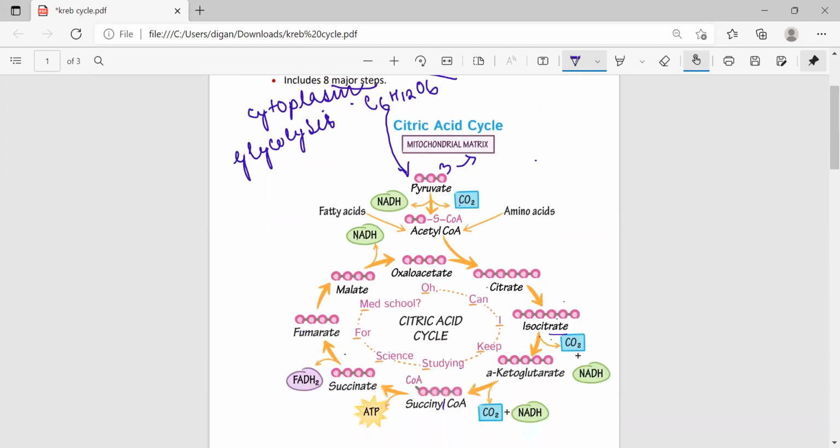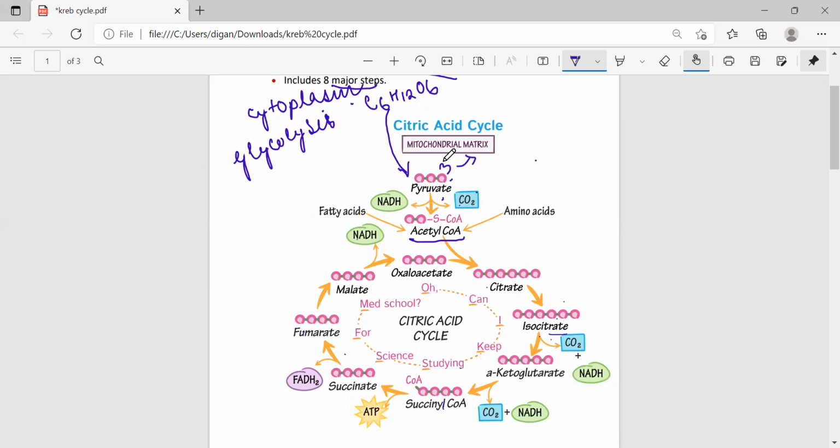So in the mitochondria, the pyruvate first undergoes the oxidative decarboxylation process, and from a 3-carbon compound, it is converted into a 2-carbon compound, acetyl coenzyme A. Decarboxylation means removal of carbon.